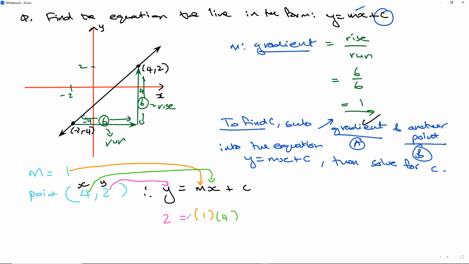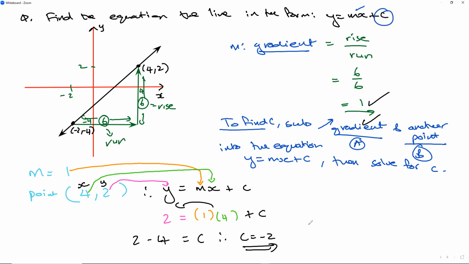We don't really have to use a bracket because it's alone. These two are multiplied together. And then plus c. We get the plus c because that's what we want to find, right? Plus c. This is 4. We move 4 across. It becomes 2 minus 4, which is equal to c. And so therefore c is equal to -2.